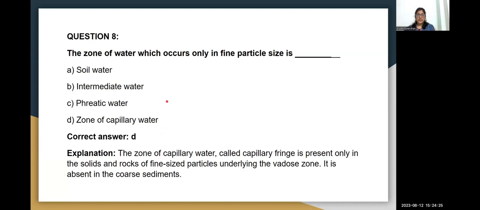Now, like I had earlier mentioned, the capillary fringe or the zone of capillary water is named so because the water present in the zone is a result of the capillary action of water. So why do we say it is prevalent more for fine size particles and why not for coarse grain particles?